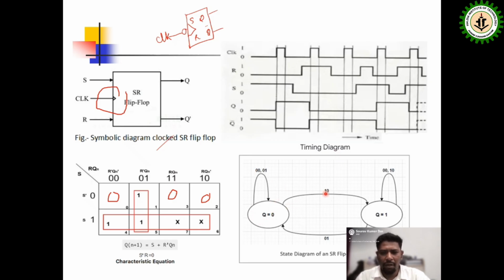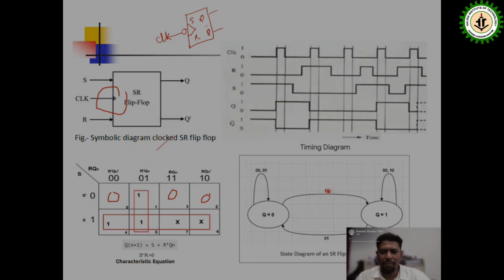And when 1 0, it changes the state from reset state to set state. So the 1 0 case changes the state. Also, it goes from the set state to the reset state when input S and R value is 0 1. So this is called the state diagram of the SR flip-flop.